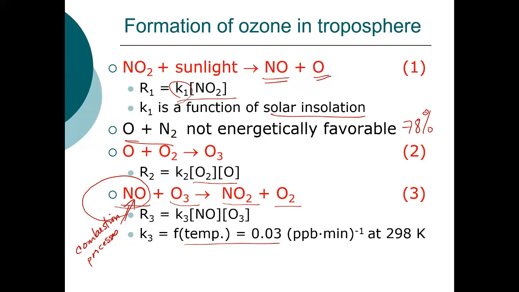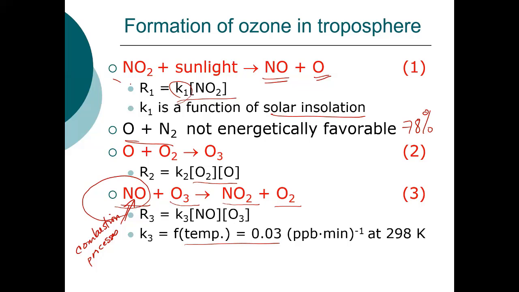Now, in order to produce NO2, we need ozone. But in order to form ozone, we need NO2. So something was missing. And initially, scientists didn't know what it was that was missing.